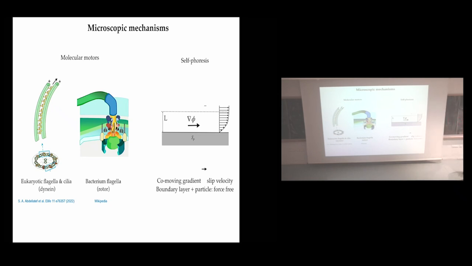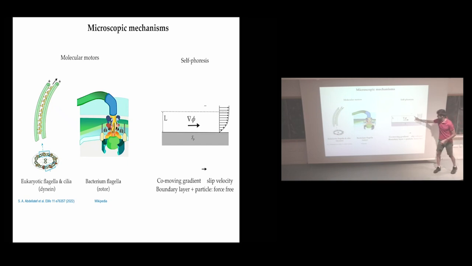So the solvent is set into motion on the particle surface, and this is because of the imbalance of the interaction between the particle and the solute molecules, okay? So the result is that you create what is shown here. This would be a slip velocity, once we zoom out and look at the particle from a distance.